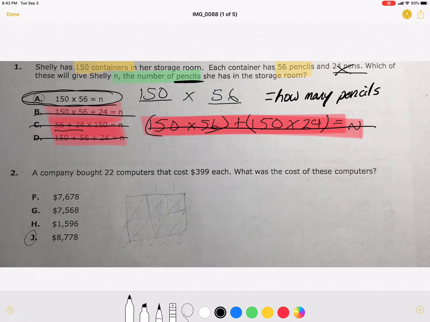The number sentence is bought 22 computers at $3.99 equals total cost.